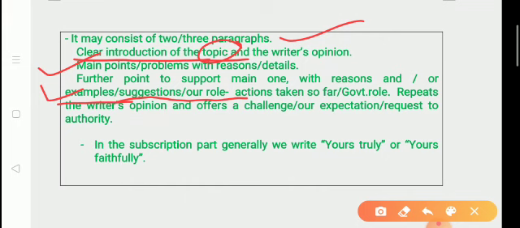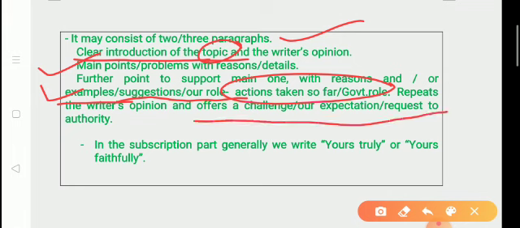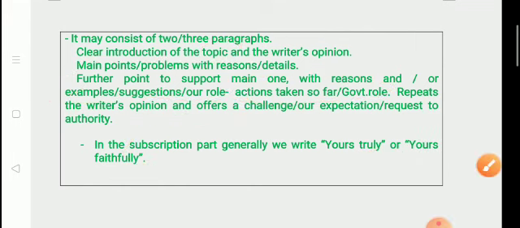Mention what actions can be taken, what actions have been taken so far, and what the government can do. You can give your opinion, and you can request the authorities through this medium. You will end the letter with the subscription part, like yours truly, yours faithfully, etc.